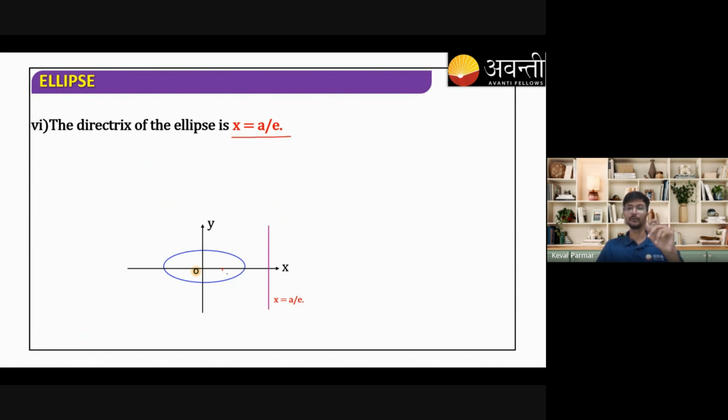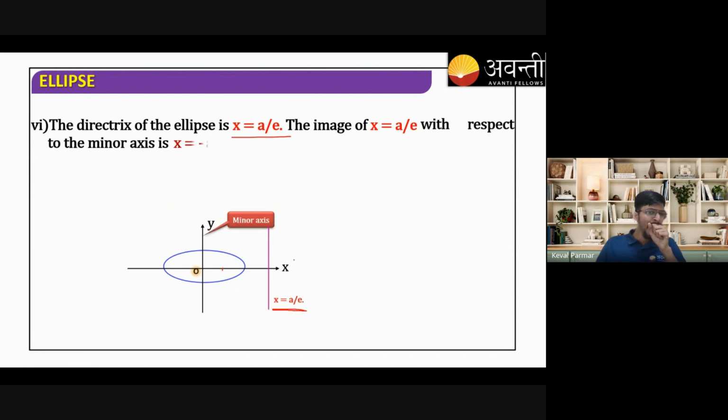So with respect to focus S, the directrix is x equals a by e. And the mirror image in the y-axis will be x equals minus a by e. Right? So these are the directrices.